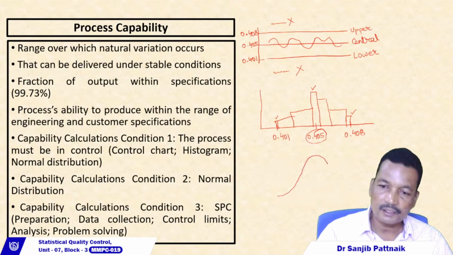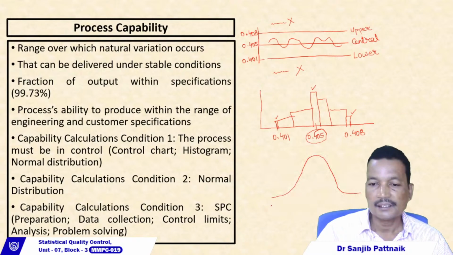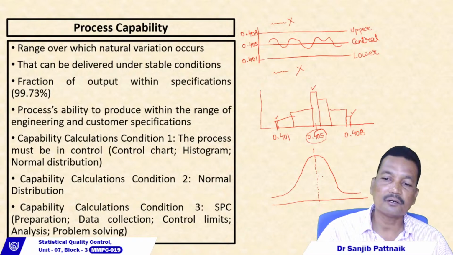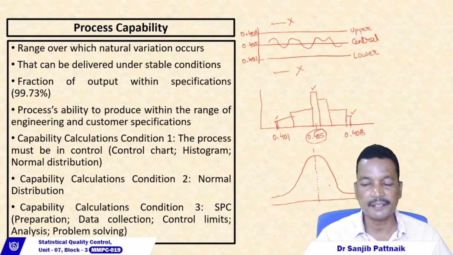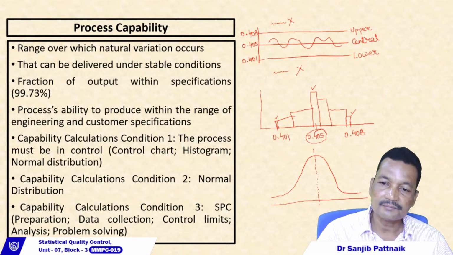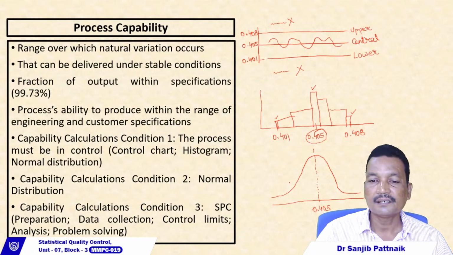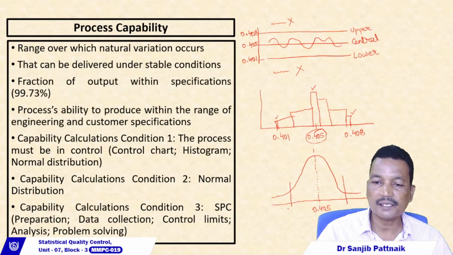If we plot all the data that are being produced, it will form a bell-shaped curve. All of you can see it is looking like a bell, and this is the average requirement. And on both the sides we have the upper level and the lower level.